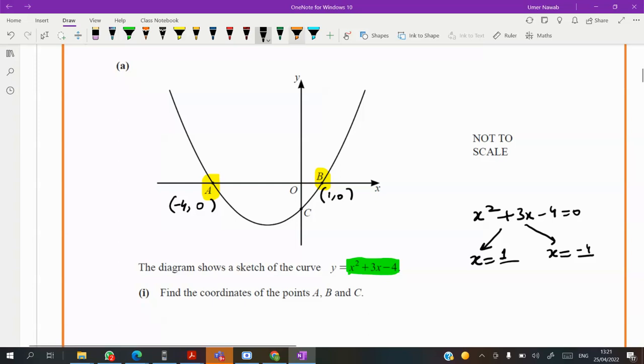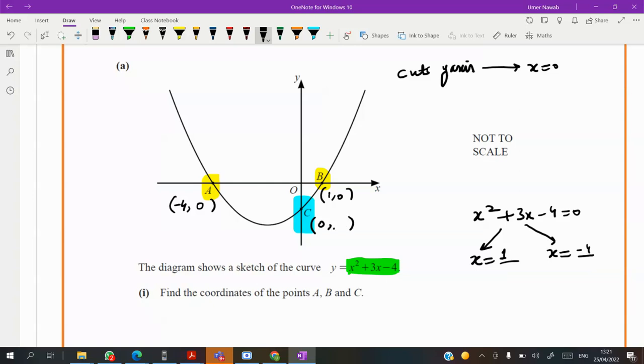Now there is a third point, and this interesting point is where the parabola cuts the y-axis. When the curve cuts the y-axis, you need to put x equal to 0, because we know that the x coordinate of C will be 0.